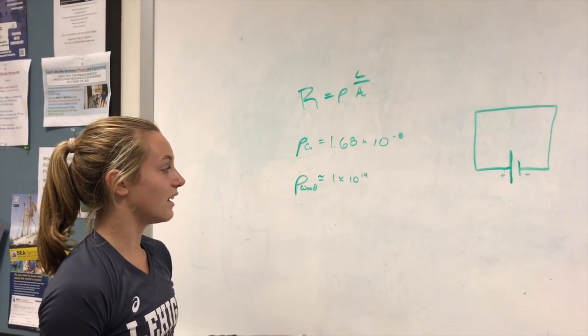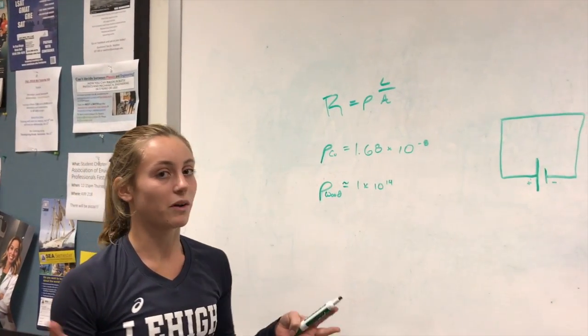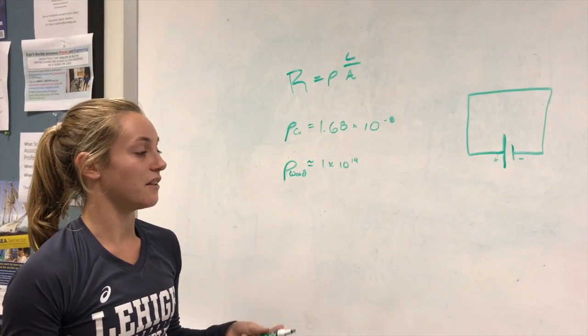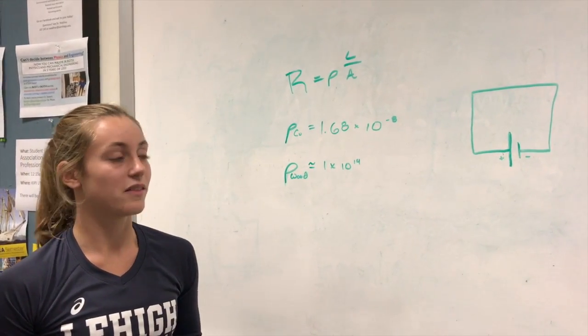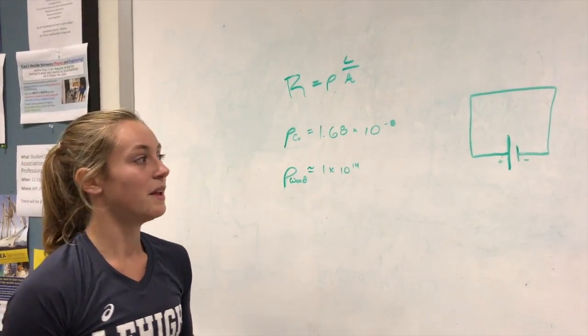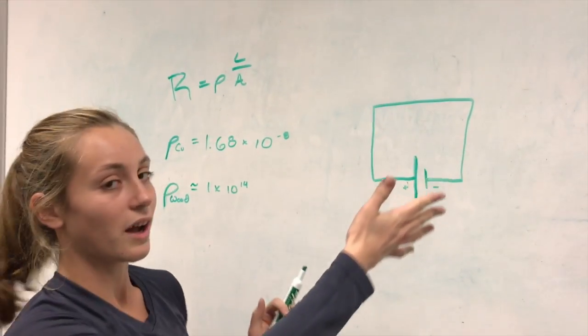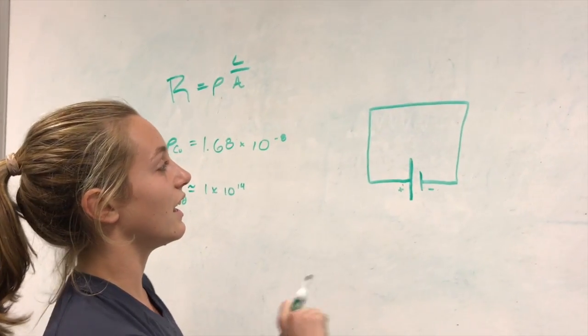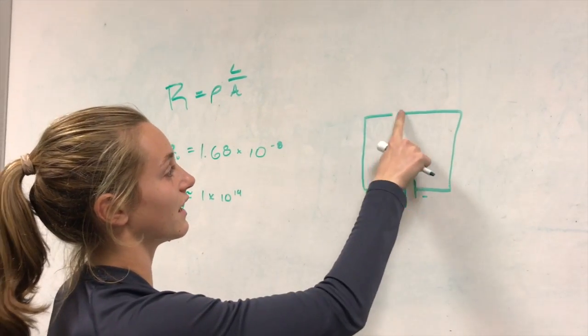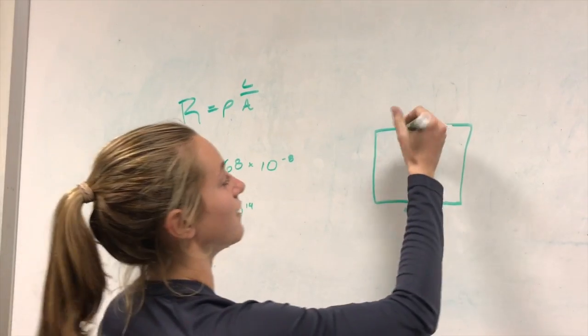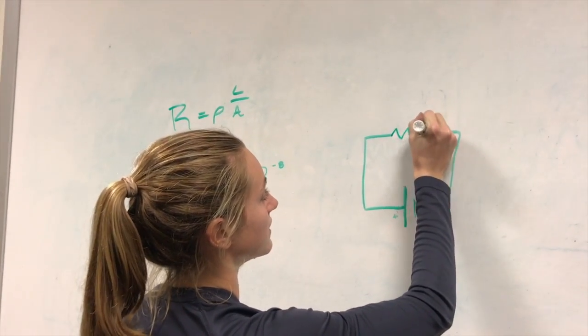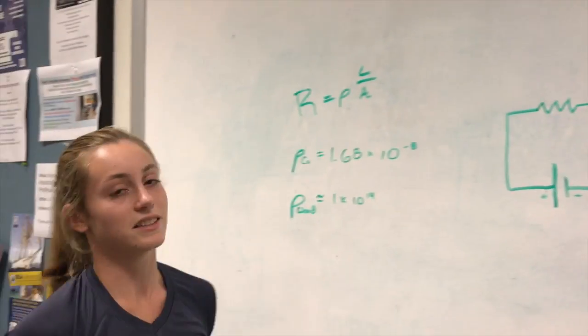So clearly, copper will conduct electrons and let them flow a lot better than an insulator like wood will. You can see here in this circuit, even though we don't have a resistor shown, circuits like this will have an inherent resistance even if it's a conductor and it's very low.